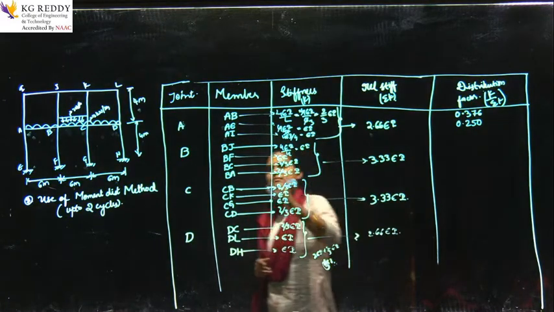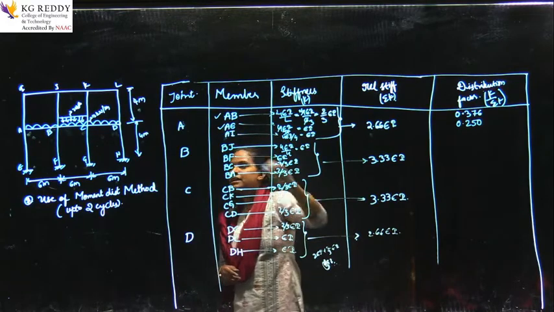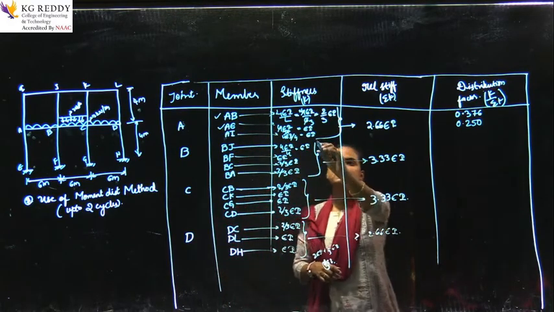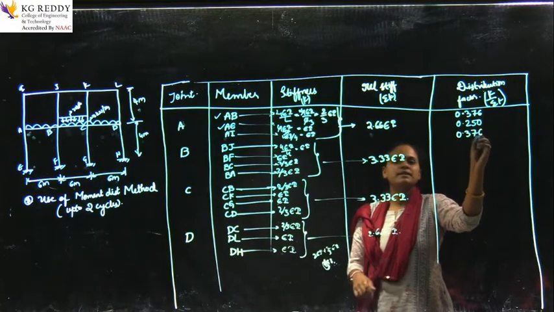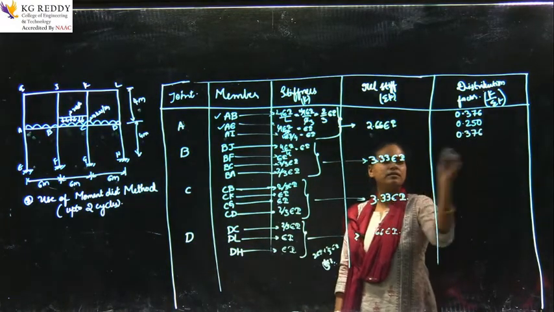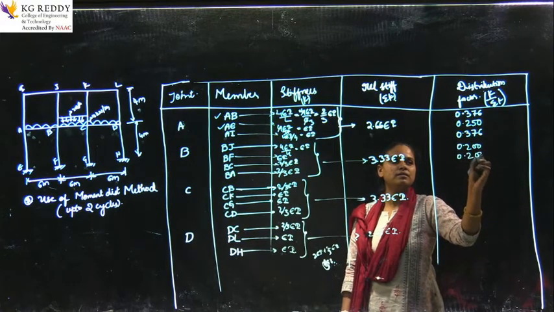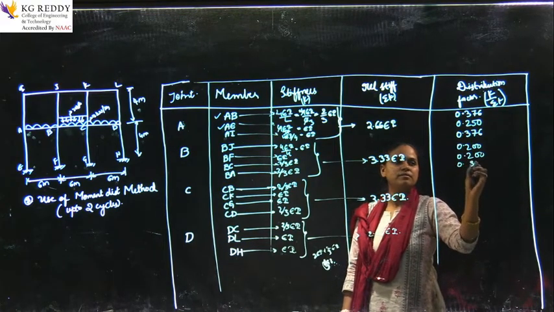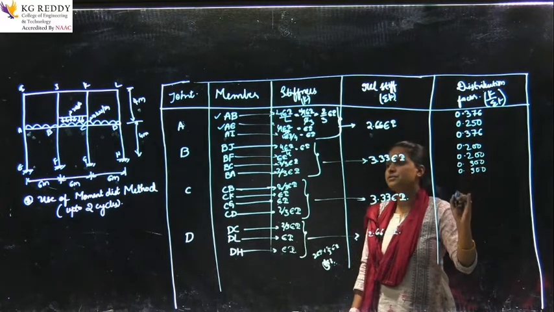For each and every member, you will have the distribution factor. So again, what is EI by 2.66 EI? 0.376. Next you will get values for 0.200 and 0.200, and then you will have, okay, after decimal you need to take up to 3.